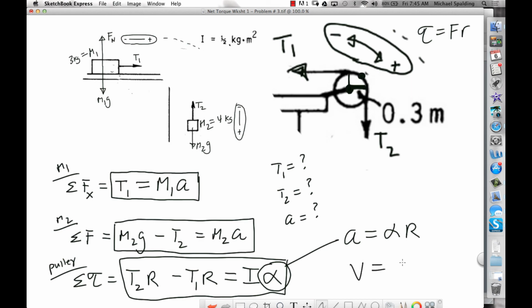For a linear velocity, a point on the wheel, it's equal to angular velocity times radius. That make sense? Okay, so let's plug this in. So alpha equals A over R. So let's just plug that in for alpha. So this is going to be IA over R. Okay?